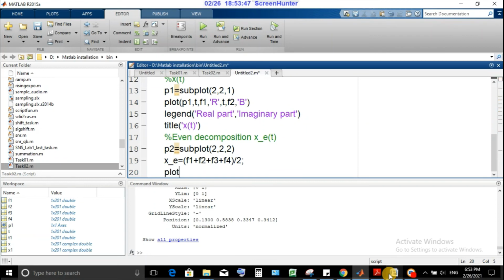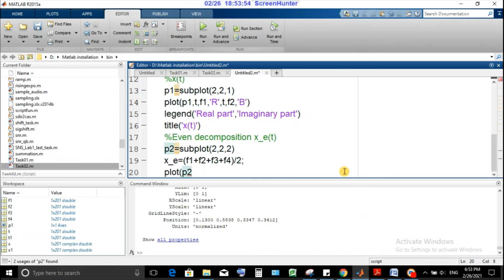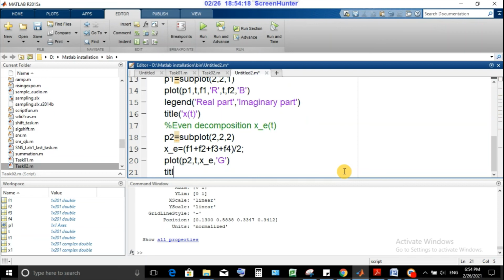Then we have to plot it, and for plotting we use p2 for subplot, t comma x underscore e for even decomposition, and let's say we can give it green color, and then we give it a title.